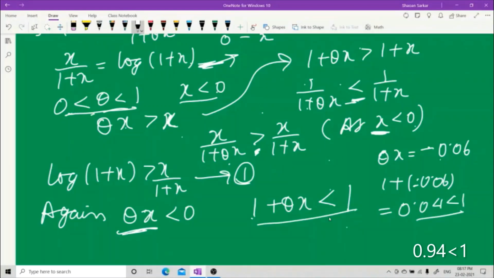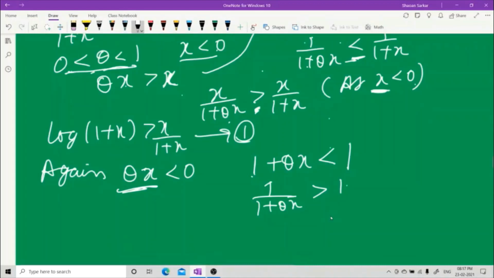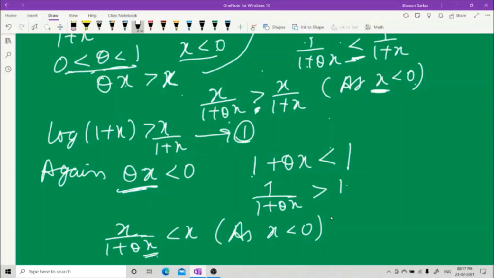So this is a valid statement. Now you see here 1 upon 1 plus theta x is greater than 1. Now as x is a negative quantity, you multiply by x, x upon 1 plus theta x is less than x. And what is this? This is nothing but log 1 plus x. This implies log 1 plus x is less than x. This is equation number 2.